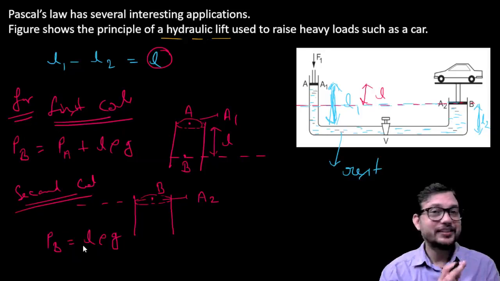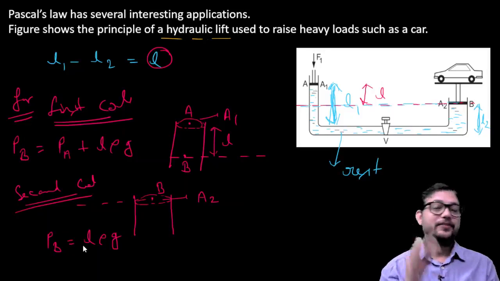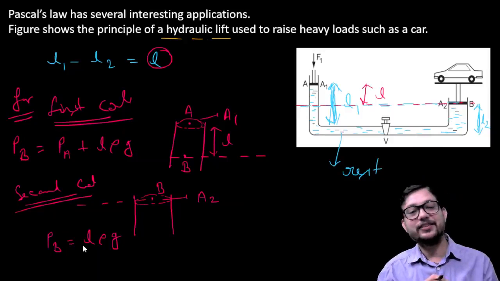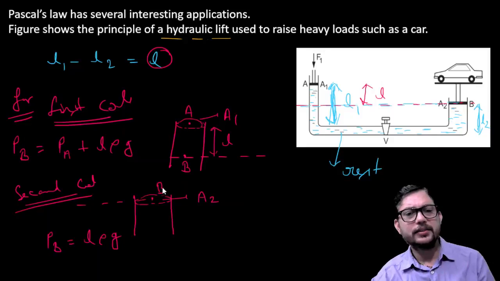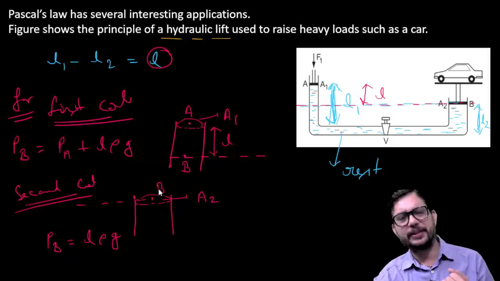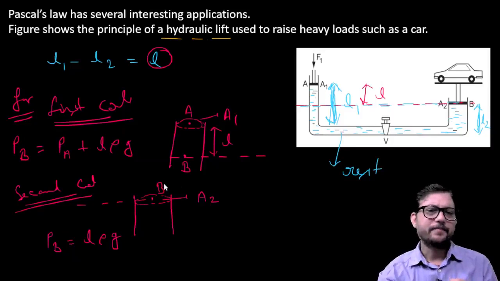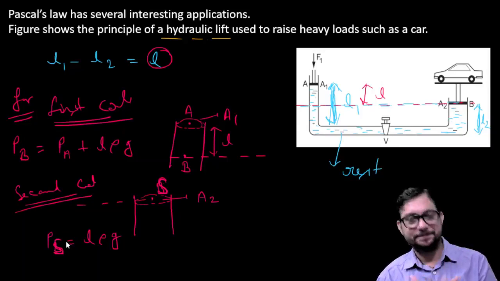Why? Because these points are at the same horizontal level. For the second column, let's suppose the point name P. P represents the pressure, so we will take another point, let it be point S. So the pressure at point S will be L rho g.